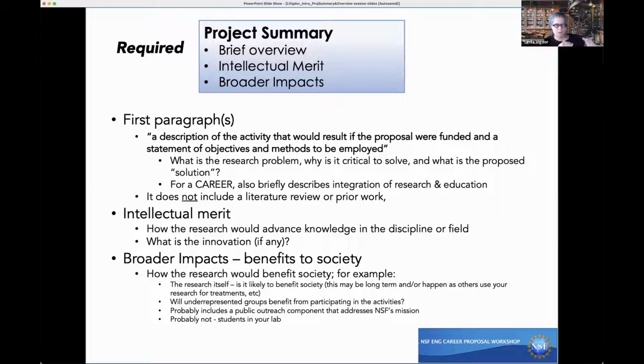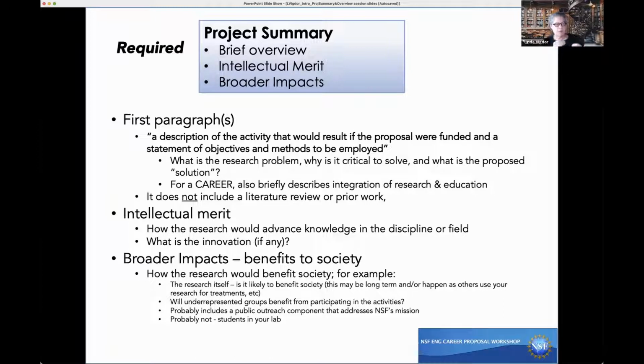There are other benefits to society, and they may come out of the education activities or specific broader impacts outreach activities, things like that. The NSF does list on its website or in the PAPG the kinds of things that they're interested in. It is not an exclusive list, but some examples are underrepresented groups benefiting from participating in the activities, or a public outreach component that addresses NSF's mission in some fashion.